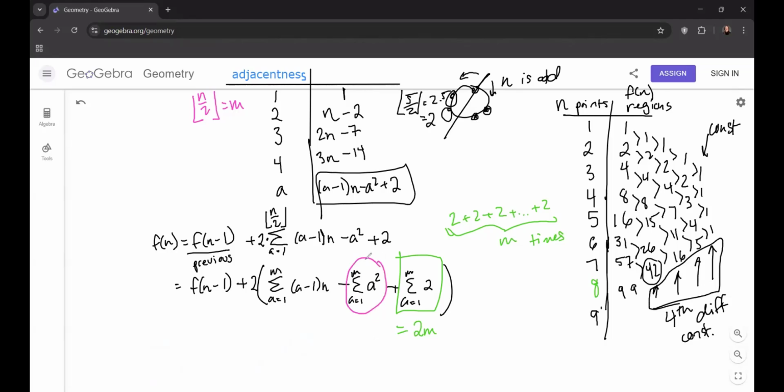So now this time we're adding up a bunch of squared things. So in this case, it would look like 1 squared plus 2 squared plus 3 squared plus m squared is what we're adding up. And sum of squares is actually a really neat pattern, and it is going to be something cubic.